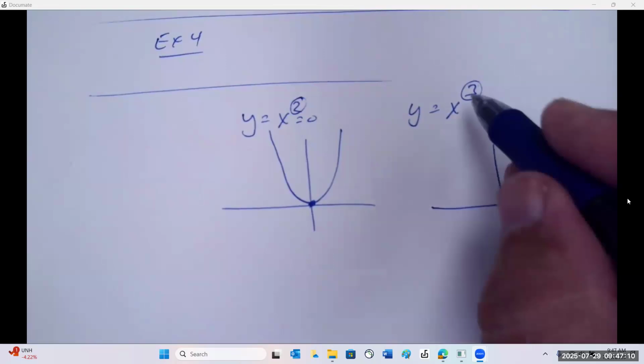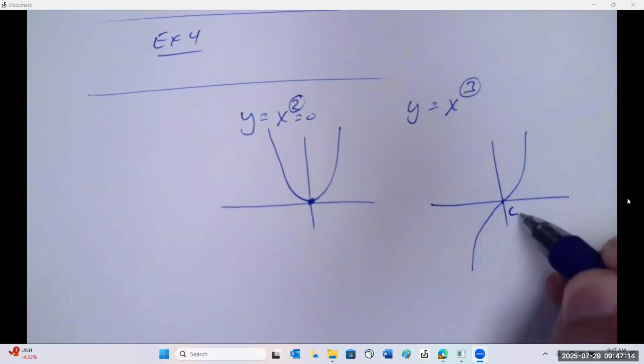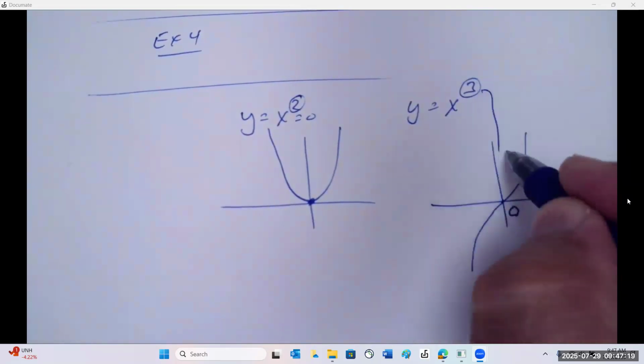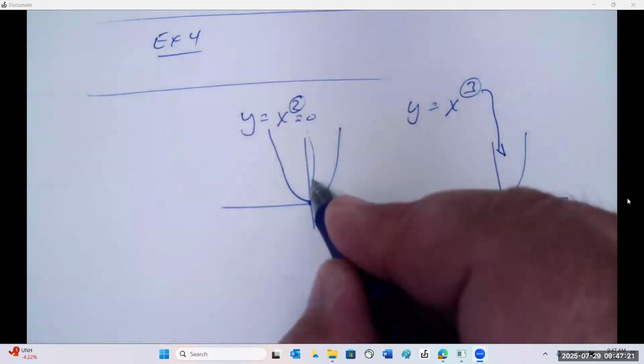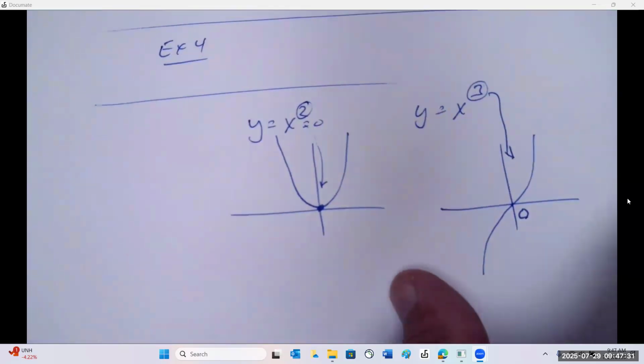It bounces. What does this one do? It crosses at 0. So if it's odd, it crosses. If it's even, it bounces.